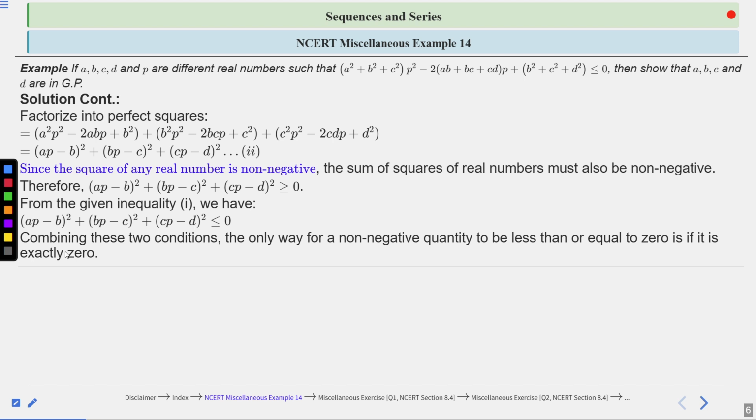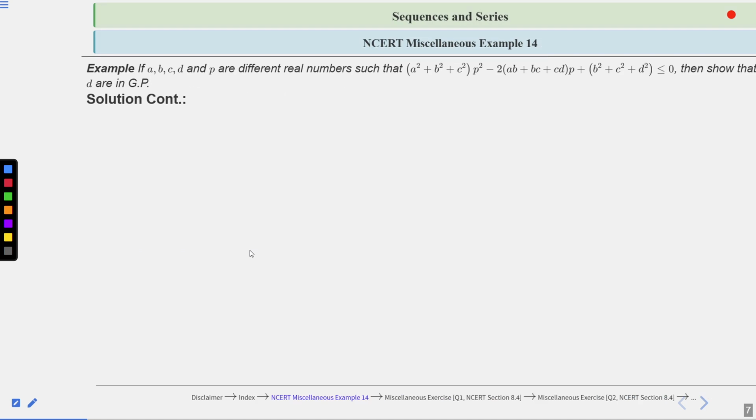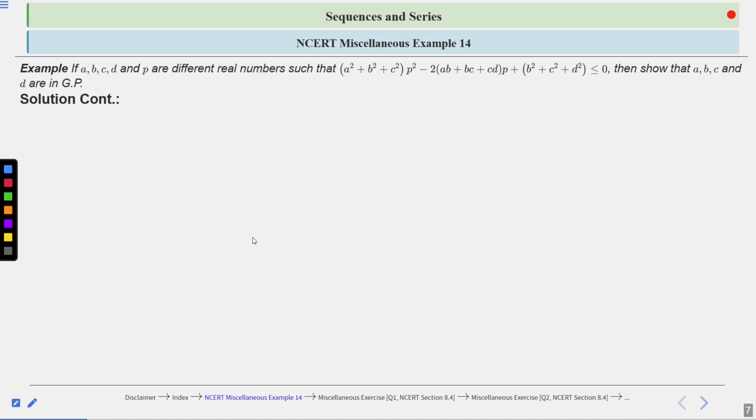So here alpha is (ap - b)² + (bp - c)² + (cp - d)². So we must have (ap - b)² + (bp - c)² + (cp - d)² identically 0.